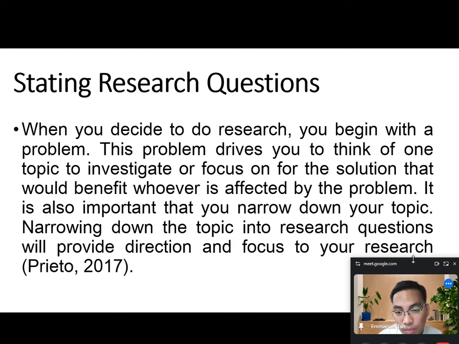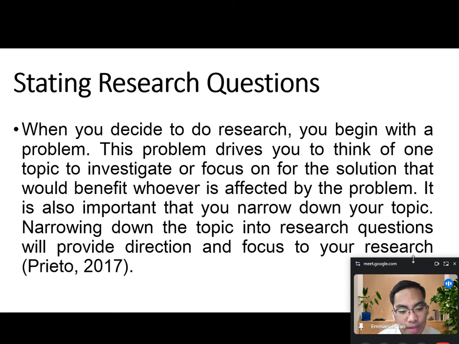So this problem drives you to think of one topic to investigate or focus on for the solution that would benefit whoever is affected by the problem, which you guys, the researchers, I believe are affected by that problem that exists. Okay, then it is also important that you narrow down.